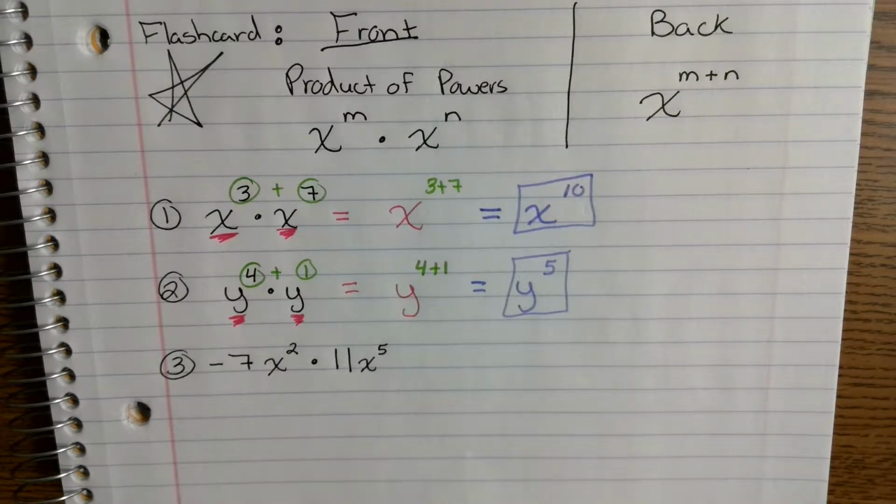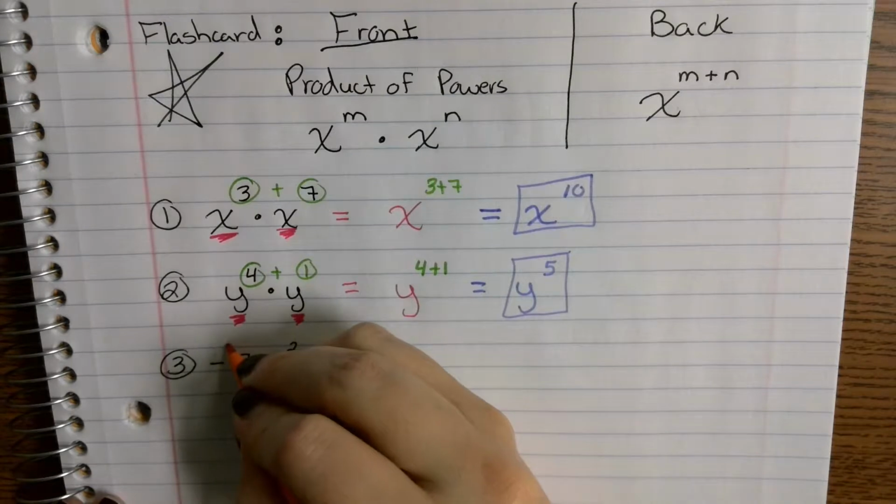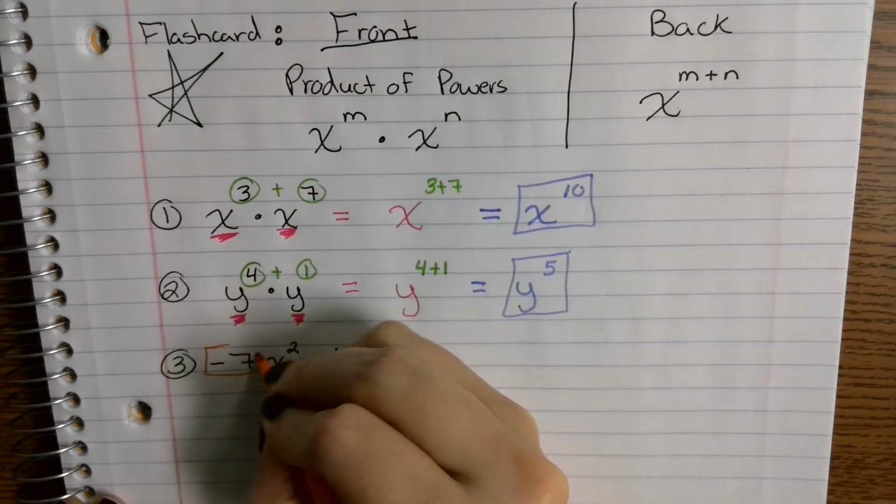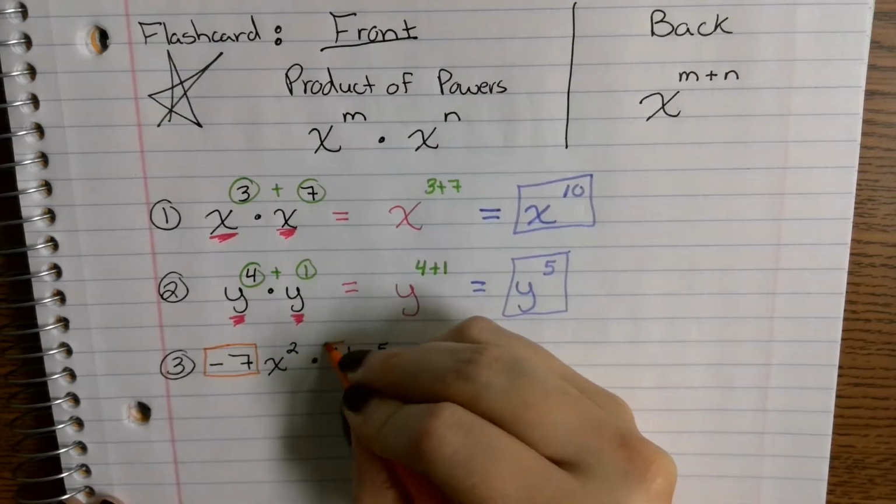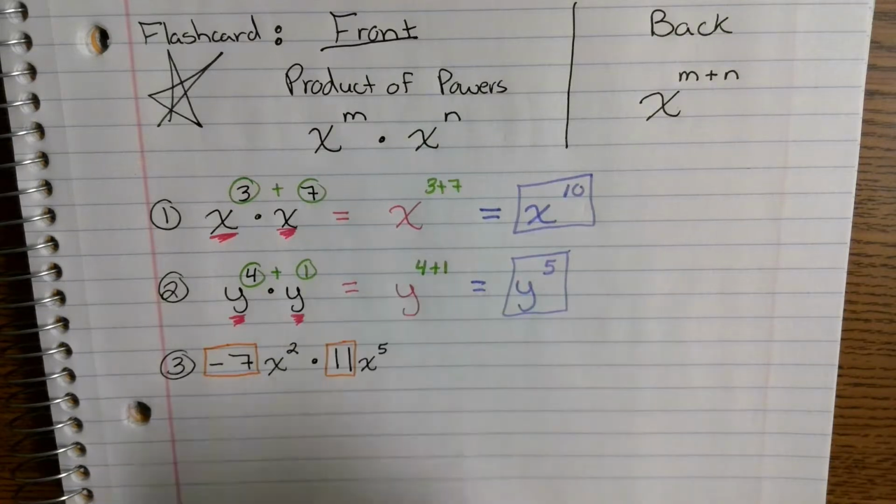Are they identical bases? No, but I am multiplying. Do I know how to multiply numbers? Yes. So in a situation like this, take your orange. I want you to put a box around your negative 7 and put a box around your 11. They're not the same base, but you can still multiply them.